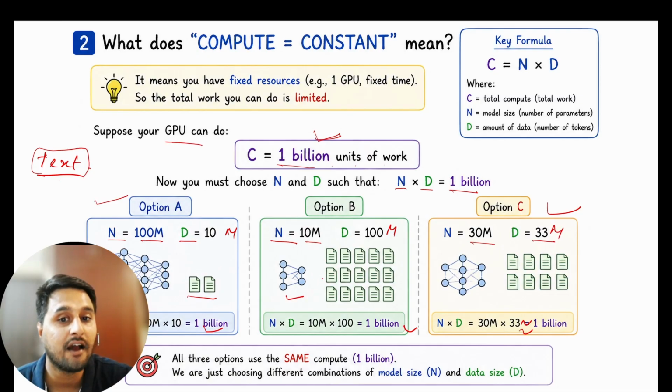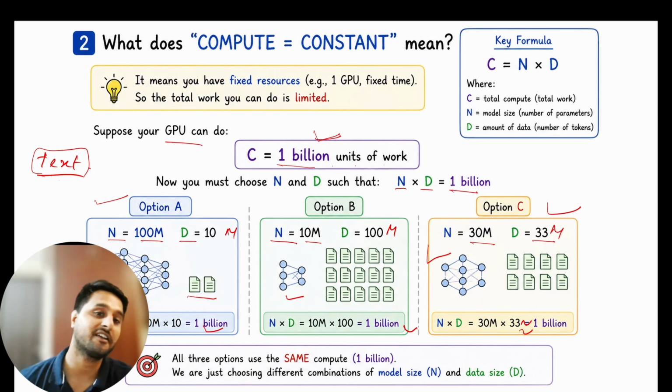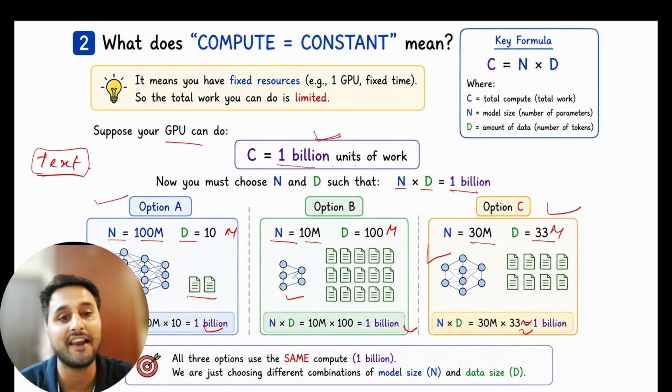It means our model performs very poorly during training as well as during testing. And in option C, we might get better results because everything is balanced. We have fixed compute size, we have balanced N and D values, meaning we have a balanced number of parameters as well as data tokens.